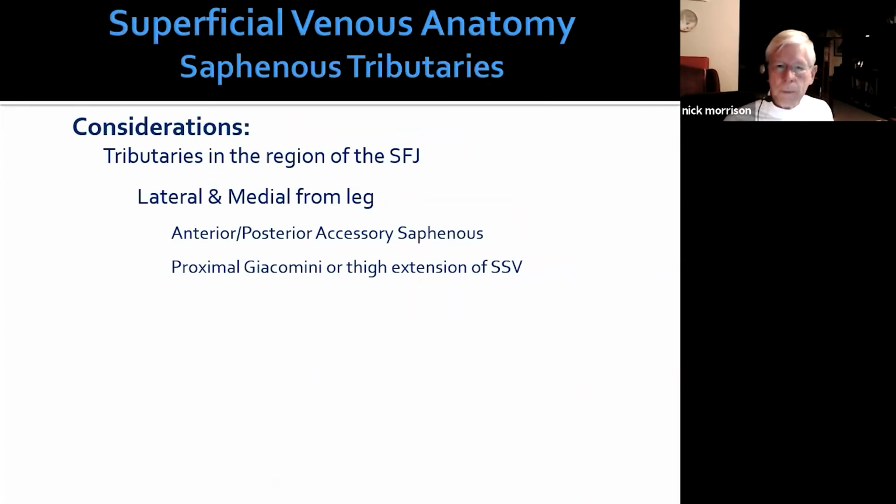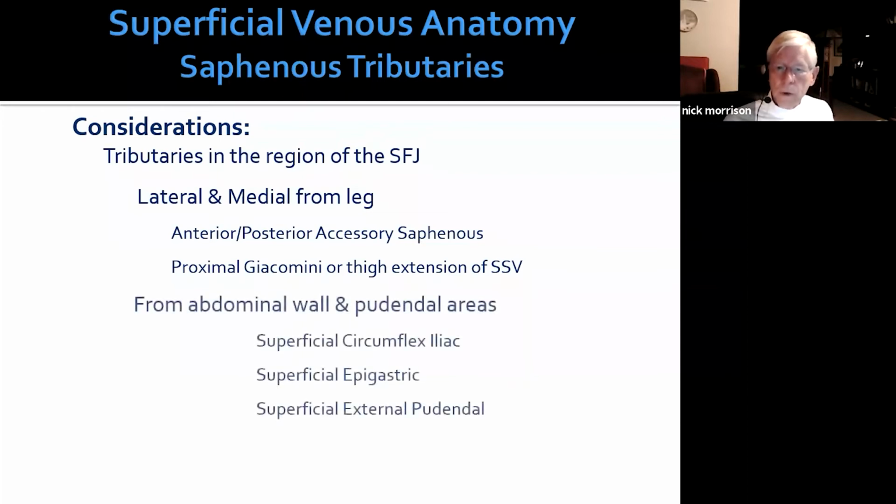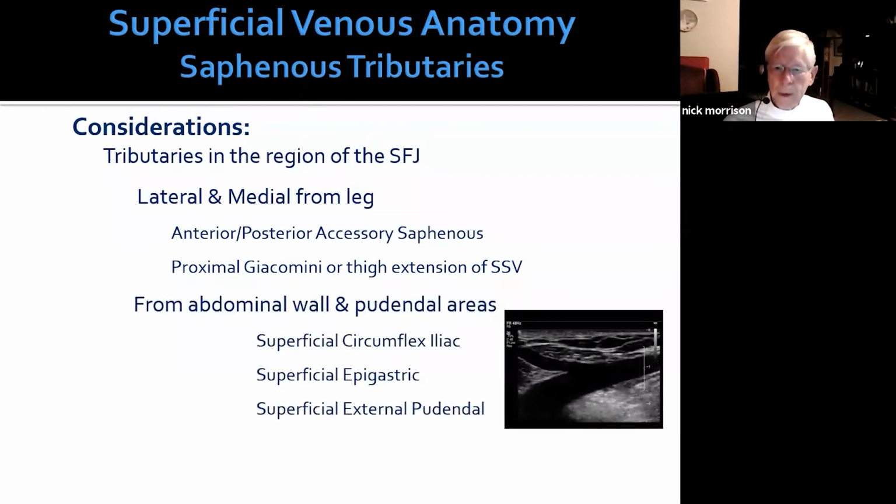There are some medial and lateral tributaries. As I said, these anterior and posterior accessory veins, that proximal vein of Giacomini or thigh extension. So from the abdominal wall and pudendal areas, the important ones are the superficial circumflex, superficial epigastric, and superficial external pudendals.